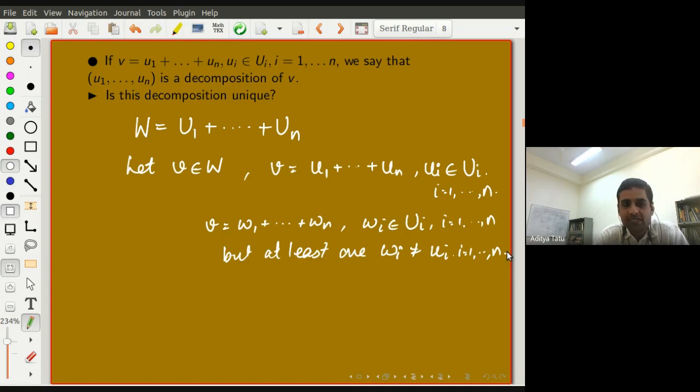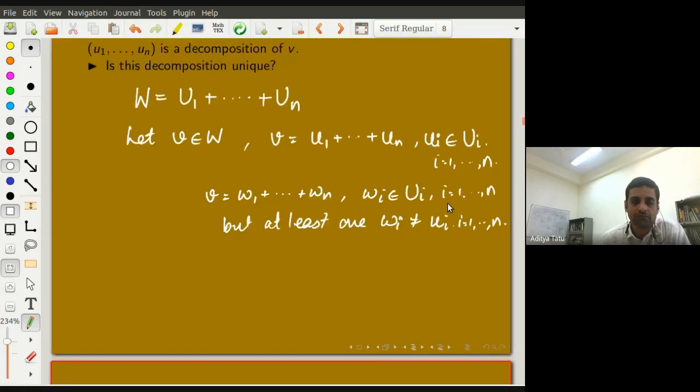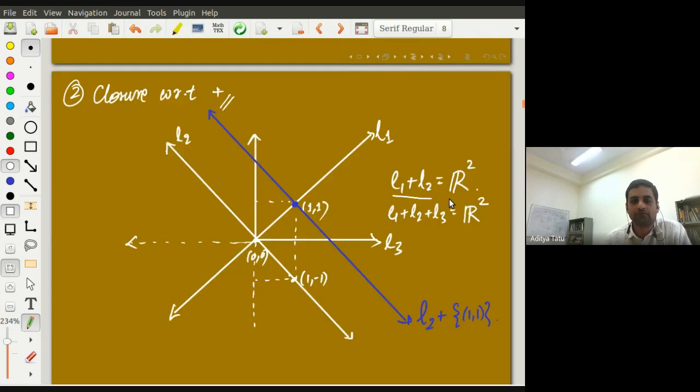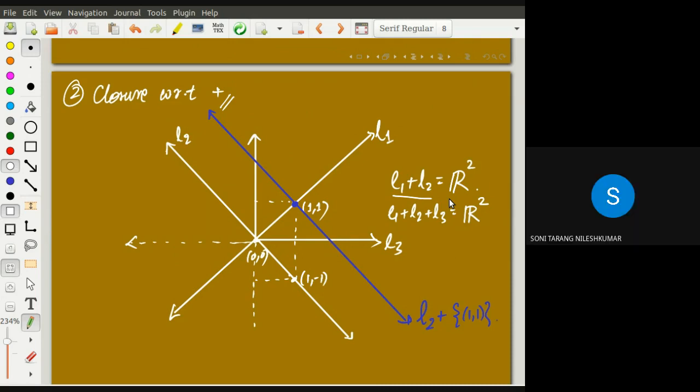Okay, so give me an example of some subspaces where the decomposition may not be unique. In the previous example that you took, in this example only you can find a point.